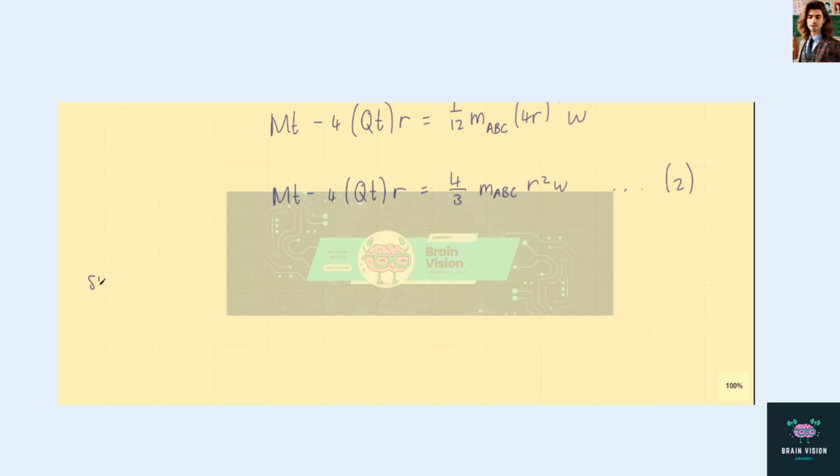So next what we'll do is substitute for QT. Remember, we put QT together for a reason. Sub QT from equation 1 into equation 2.